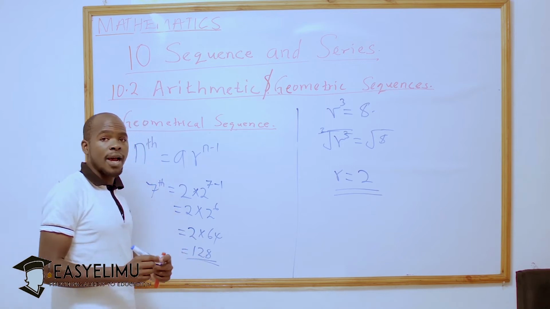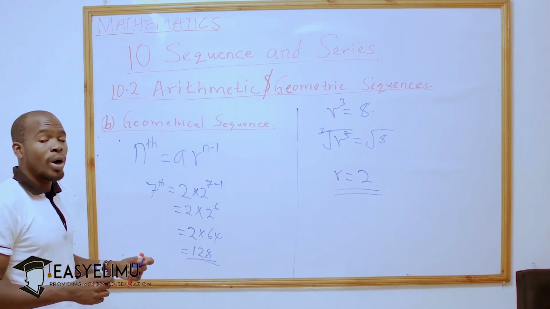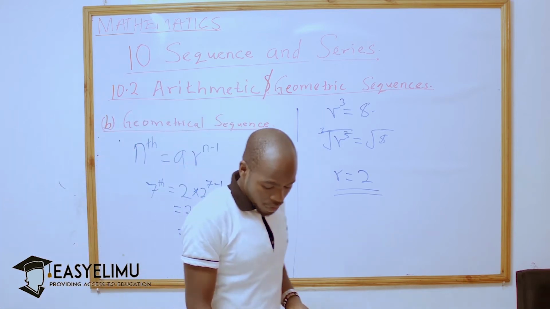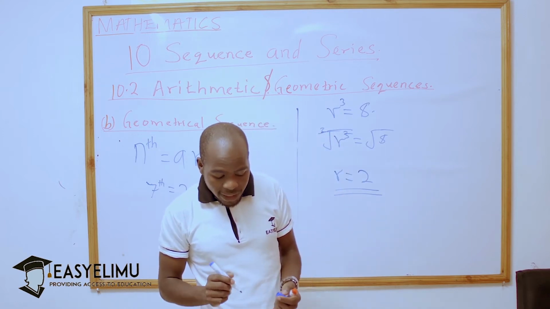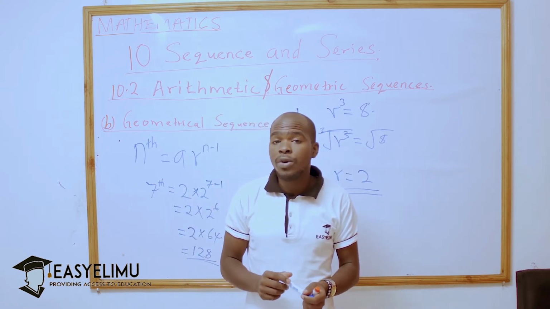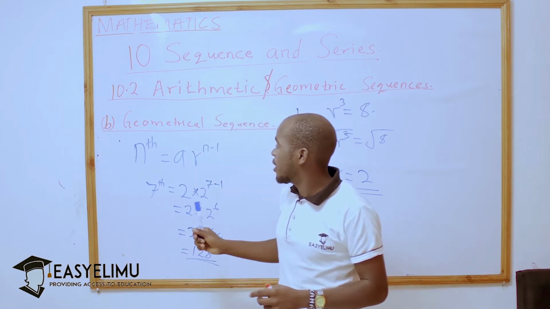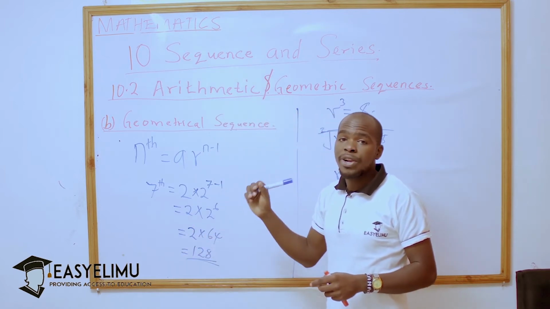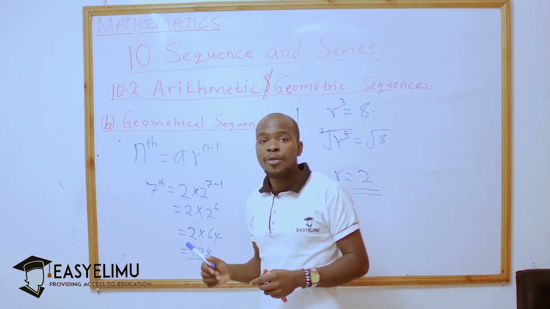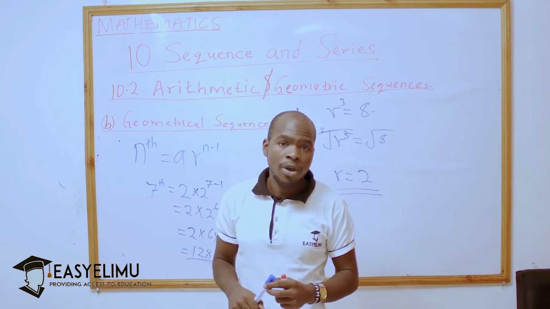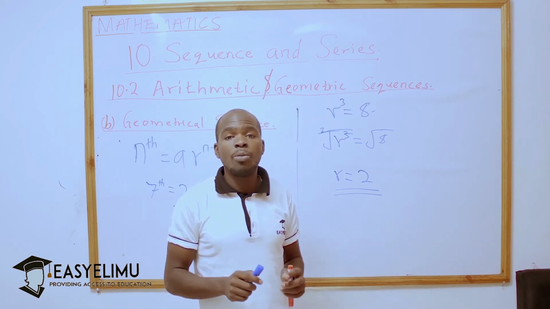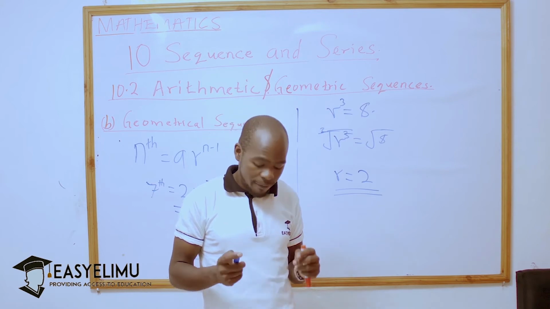So the seventh term is 128. And now we have used that formula to calculate the nth term and found the common ratio. Also, you can use the formula to find the first term if given a problem which requires you to find the first term.